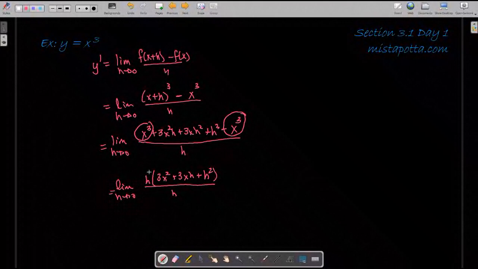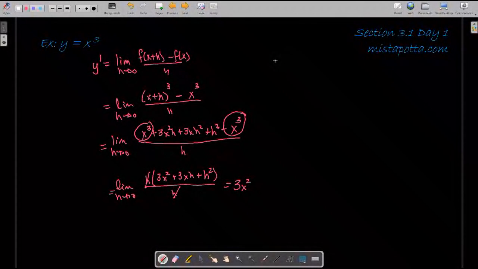And because I have a common factor in the numerator and denominator, it divides out. And I have a polynomial where I can directly substitute h equals 0 in. And this gives me 3x squared.